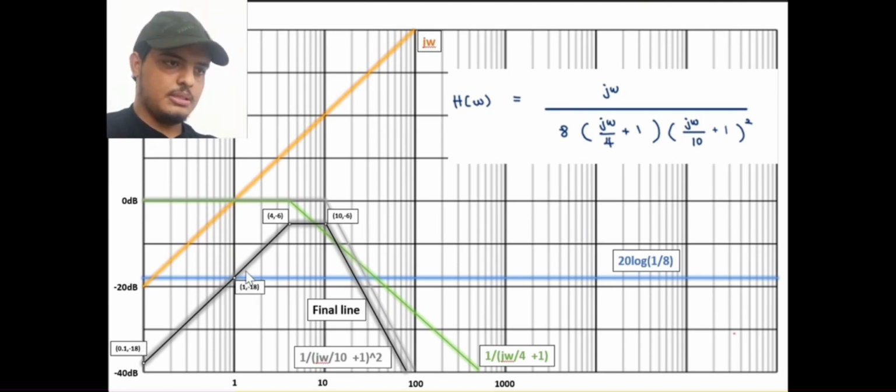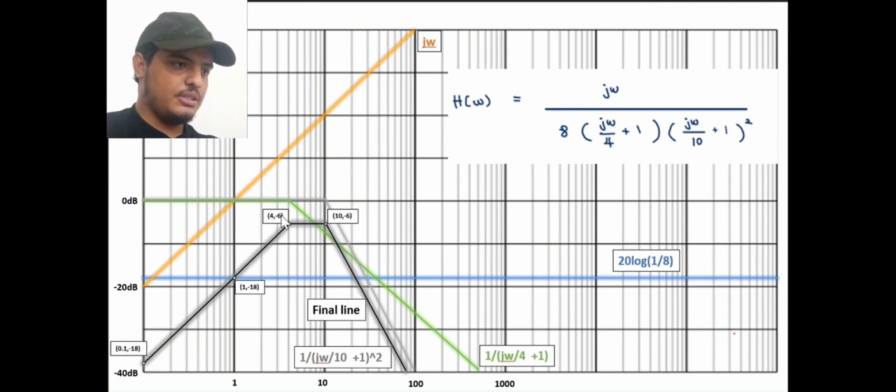For 4, this is 1, 2, 3, 4 going up. This is negative 18, 0, and almost 12. If we add negative 18 plus 12, it will be negative 6.